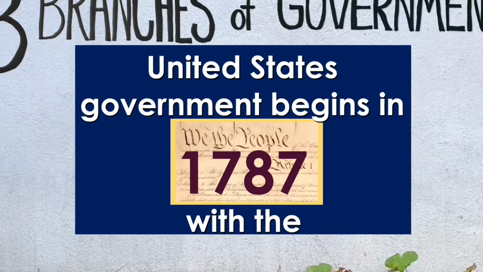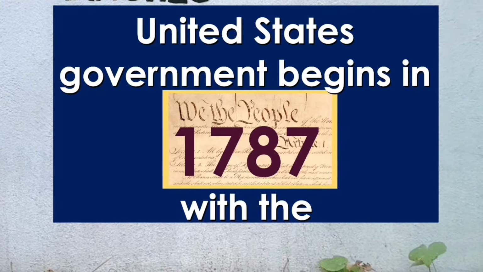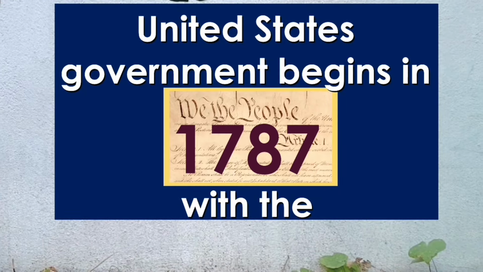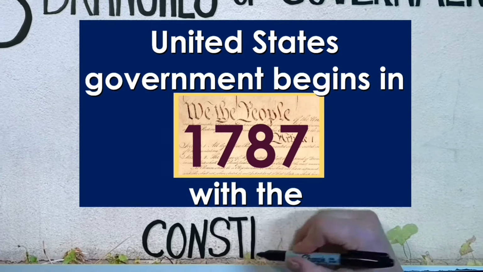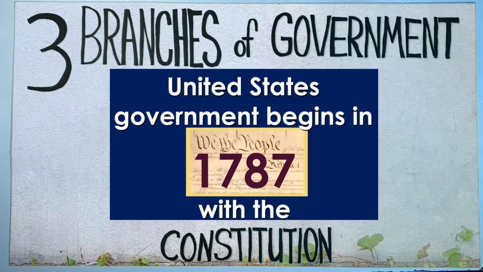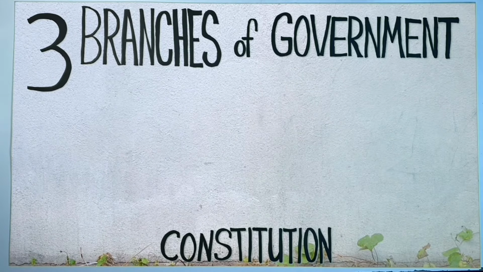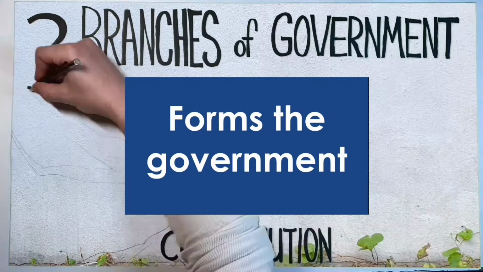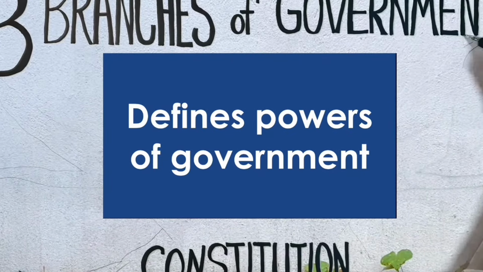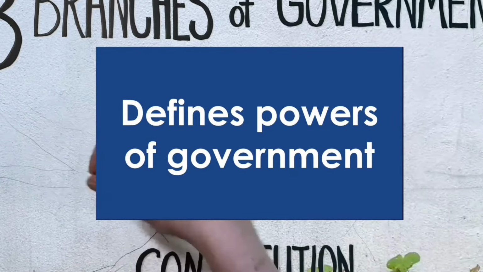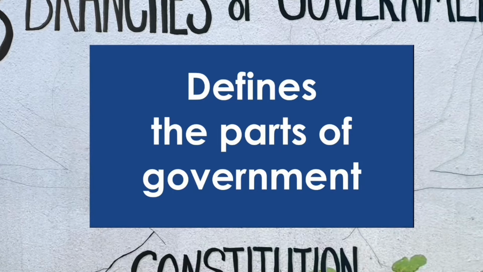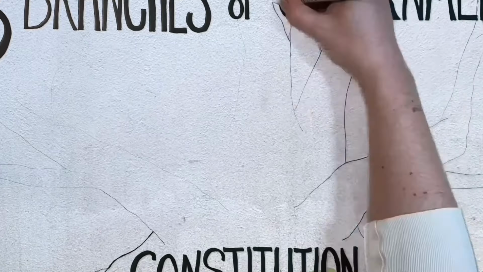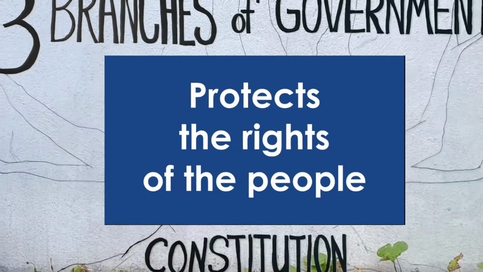United States government begins in 1787 with the Constitution. The Constitution forms the government, defines powers of government, defines the parts of government, and protects the rights of the people.